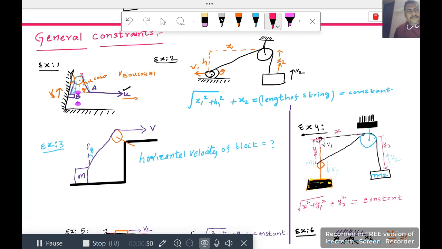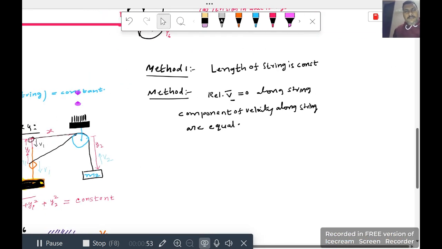Therefore, from the diagram, the length is root over y square plus x square. So the total length of the string is y plus root over y square plus x square, equal to the length of the string.